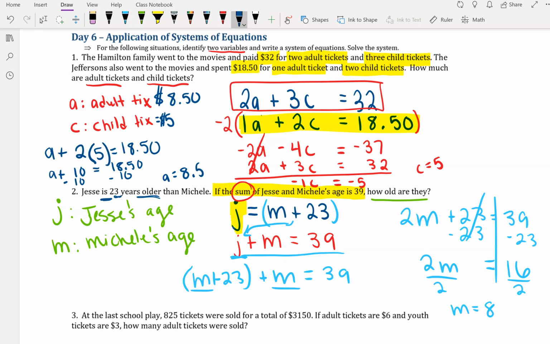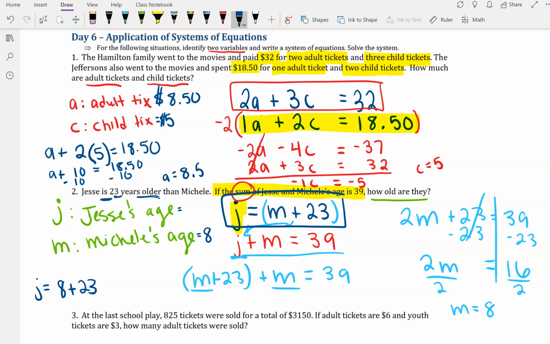So Michelle is 8 years old. And then Jesse, we can find by plugging back into one of the equations. I'm just going to plug into this first equation. J equals M plus 23. Well, M was 8, so it'll be 8 plus 23, which is 31.